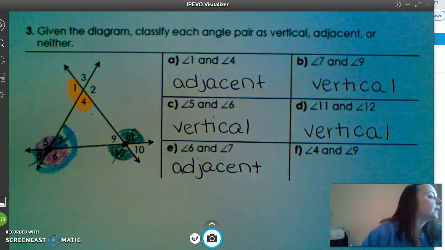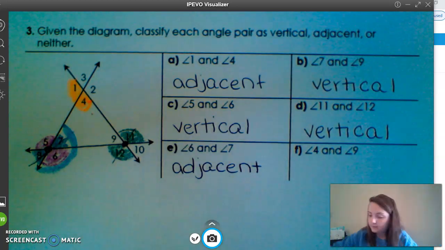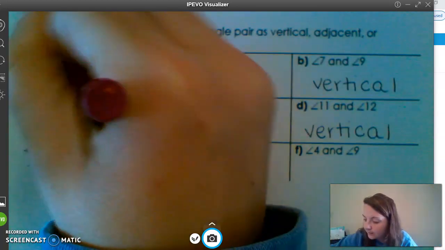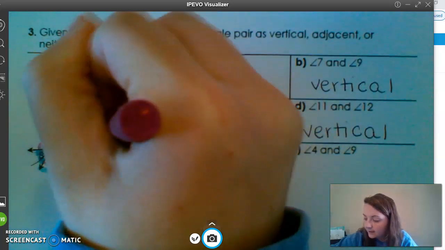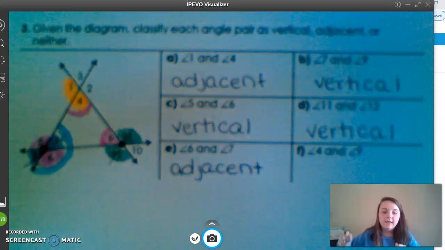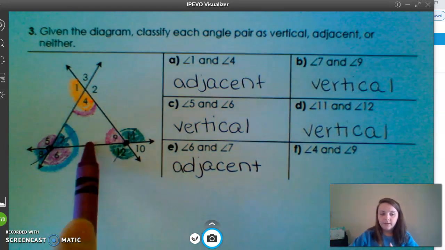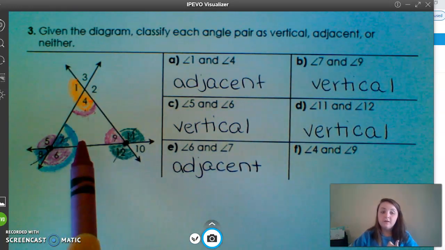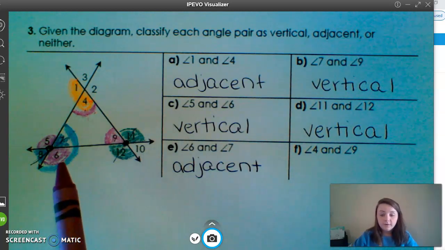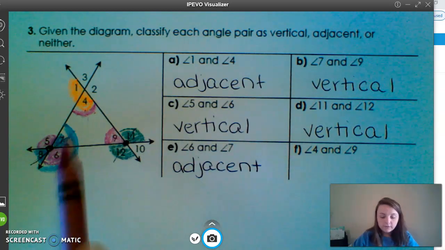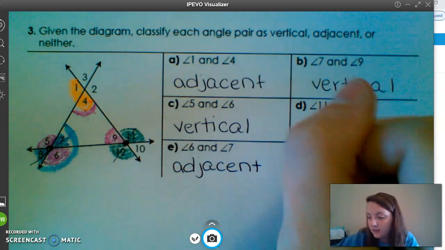They are not next to each other, so they're not adjacent. They're not across from each other on a vertex, so they're not vertical. So they are what we would classify as neither.